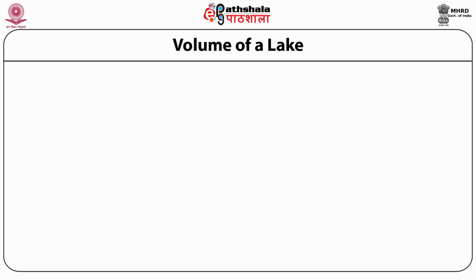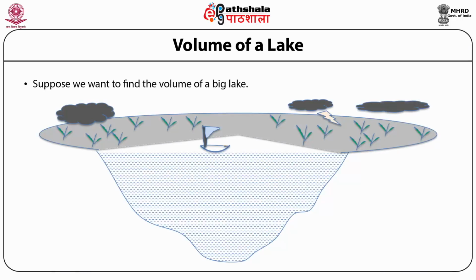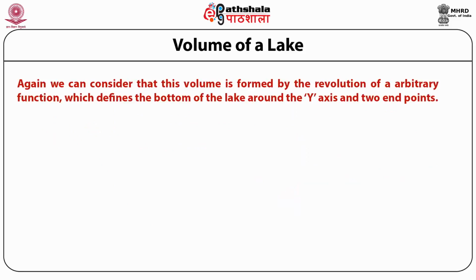Volume of a lake. Suppose we want to find the volume of a big lake as shown in the figure. Again, we consider this volume is formed by revolution of an arbitrary function which defines the bottom of the lake around the y-axis, y being the depth, with the two endpoints.